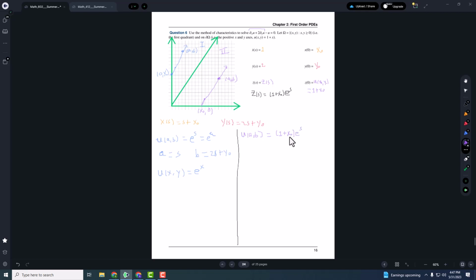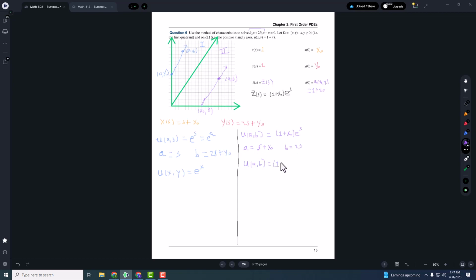But again, I need to figure out what x naught and s are in terms of a and b. Well, again, I'm going to solve my system of equations. So in region 2, a is equal to s plus x naught. And y naught is equal to 0, so b is just equal to 2s. Okay, so then u of a,b: s is equal to b over 2, so x naught is equal to a minus b over 2.